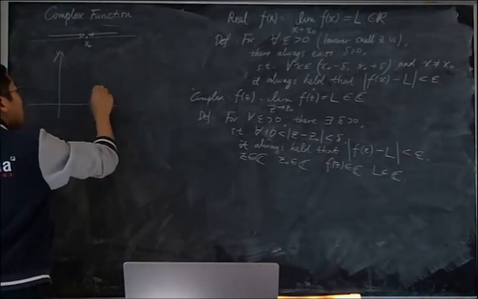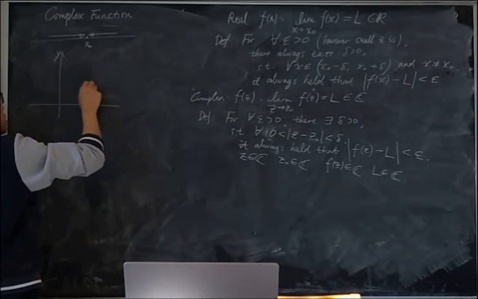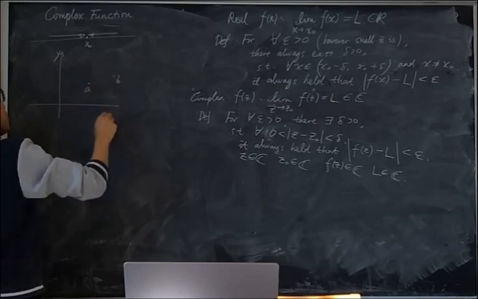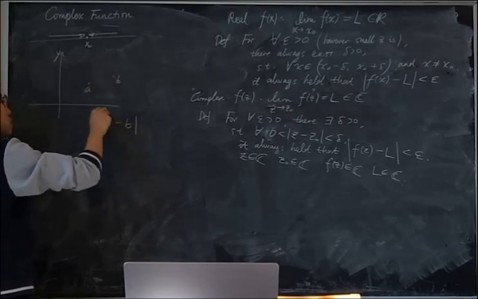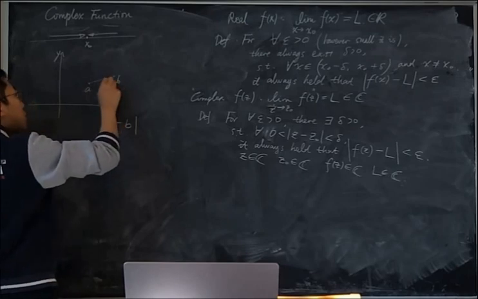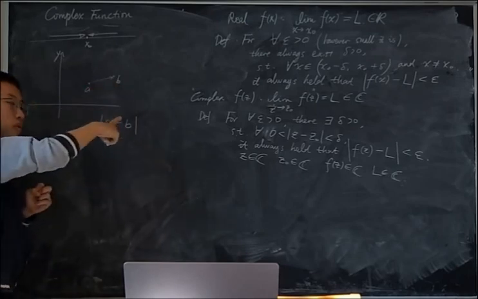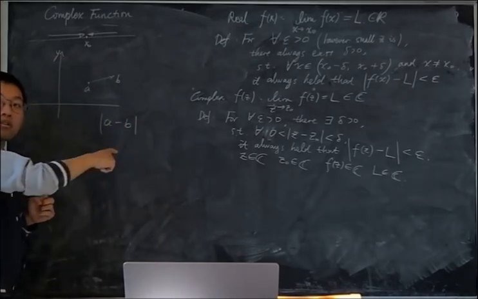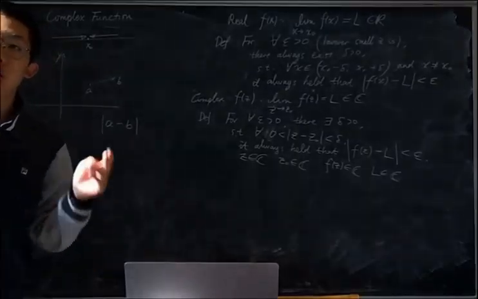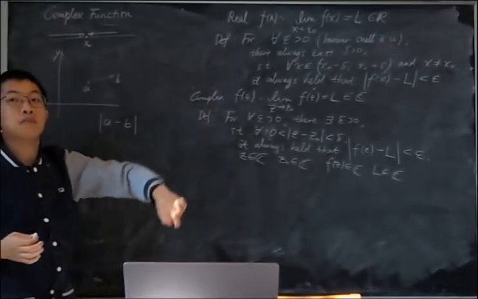So it is actually like the difference. If I talk about this is like A, this is B, when I talk about the absolute value of A minus B, we're actually talking about this distance, right? It is not just the real part or the imaginary part, it's a combination of them. So we have to be very careful. These are the two fundamental differences between the limit of complex function and the real function.